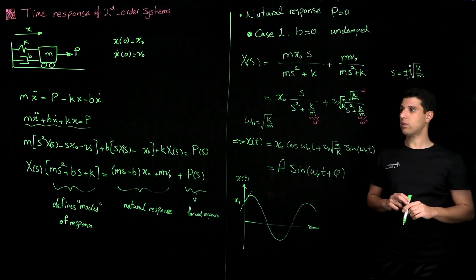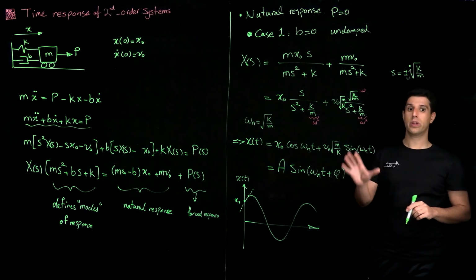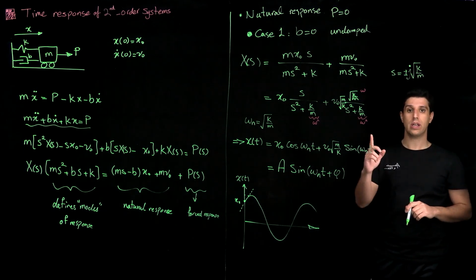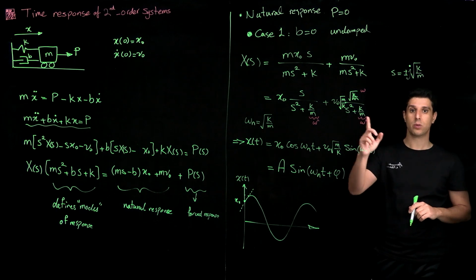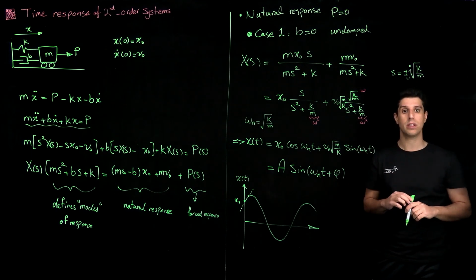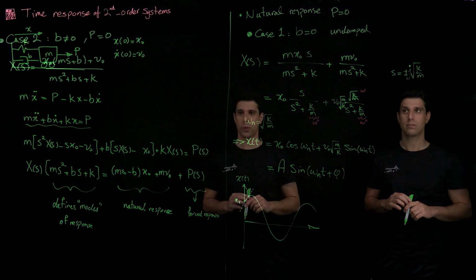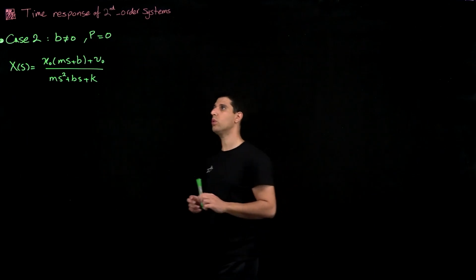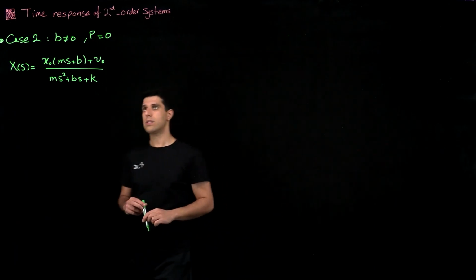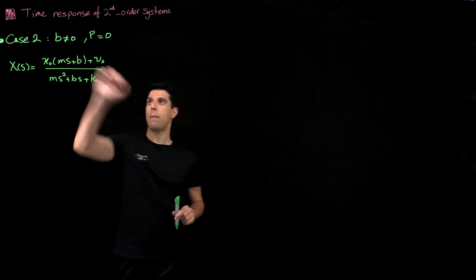Let me clean out the board and we continue with case number two, which is the natural response, but when we have damping. That would be interesting. So, okay, now let's do another case when we have damping.